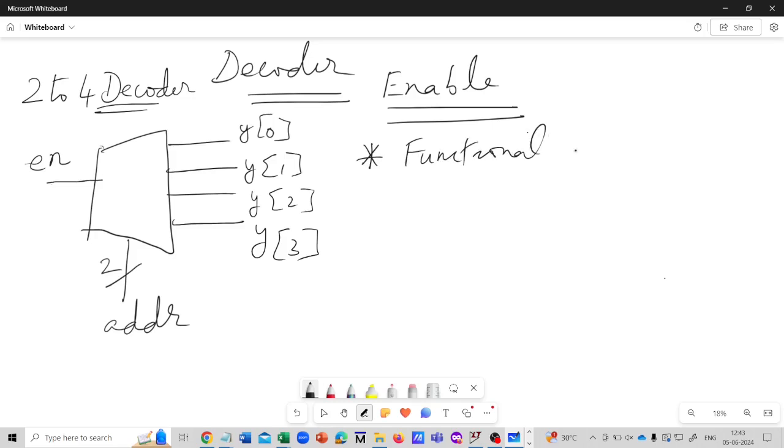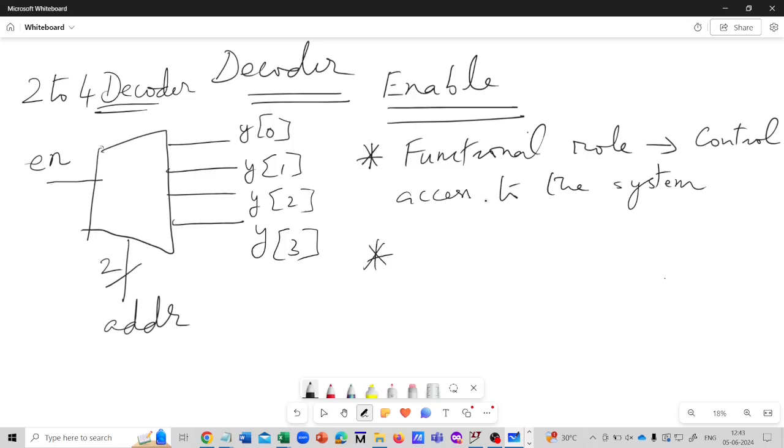So the functional role of the enable is to disable and control the access to the system. That is, when you disable this line, the memory which is controlled by this decoder will not respond to the address. And the other role is from the point of view of noise and power dissipation.